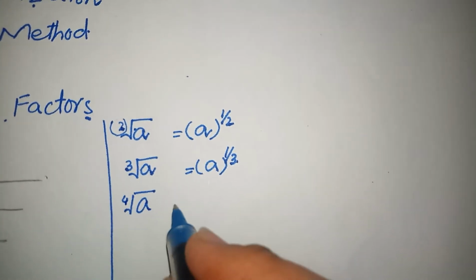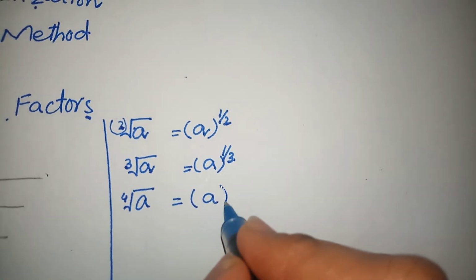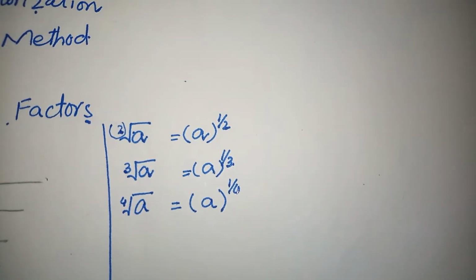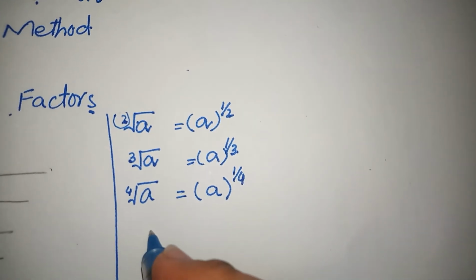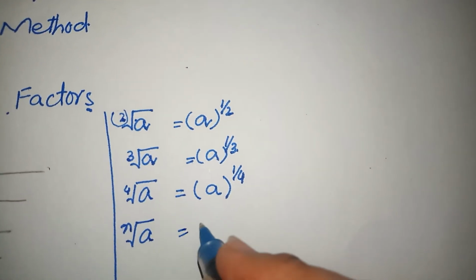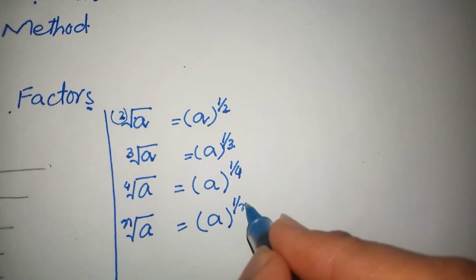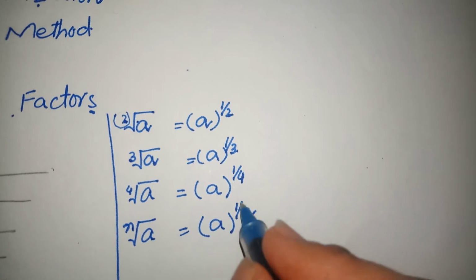If 4 is written as index, it is 1 by 4. If a has the root n, it is known as the nth root of a, and its power is written as 1 over n.